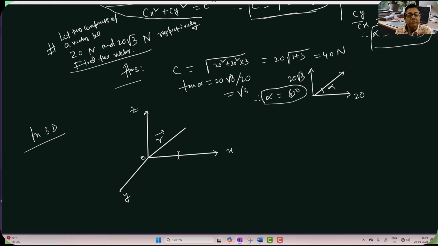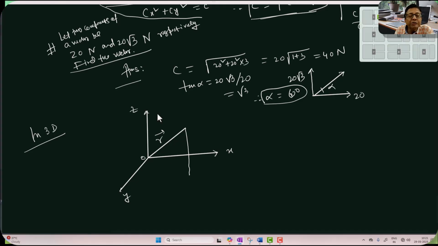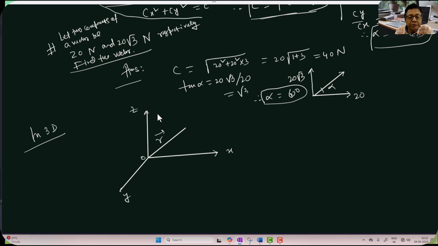Okay. We want to express it in terms of its components. How to? You draw a perpendicular here on the xy plane. If you draw a perpendicular on xy plane, that is going to be along z axis. Okay, and join the base in this manner.